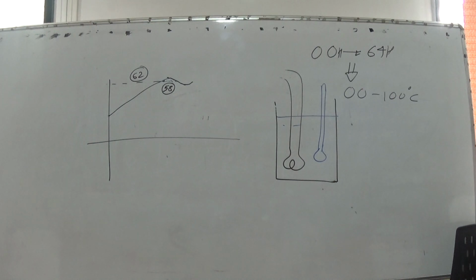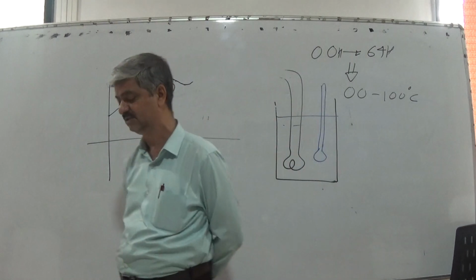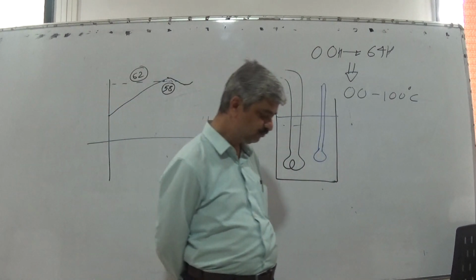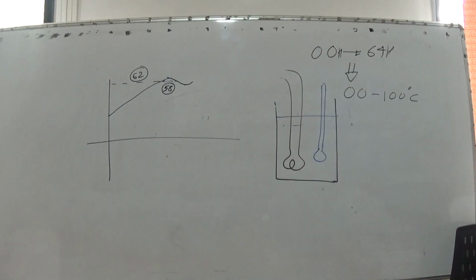So you are adding heat, how? Depending upon the electrical energy. What is electrical energy? V square upon R or I square R. So electrical power is heat added per unit time, and heat loss per unit time is according to Newton's law of cooling.